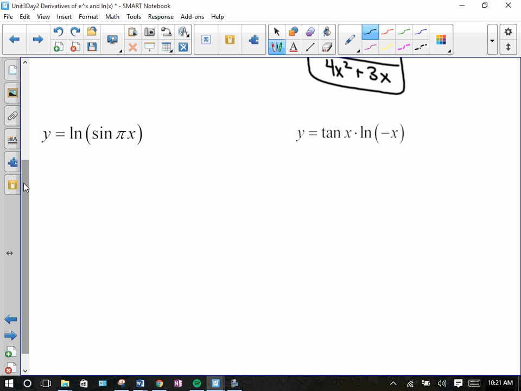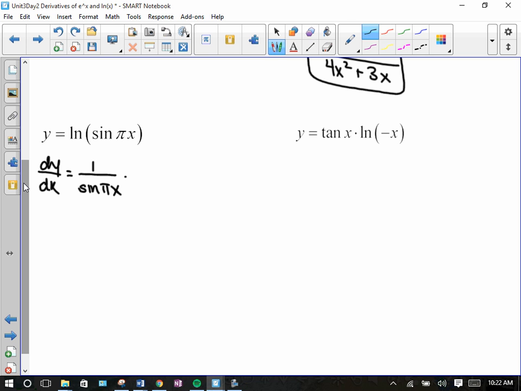So, dy/dx. The derivative of a natural log is 1 over whatever you're taking the natural log of. So it's going to be 1 over sine pi x times the derivative of whatever you're taking the natural log of.